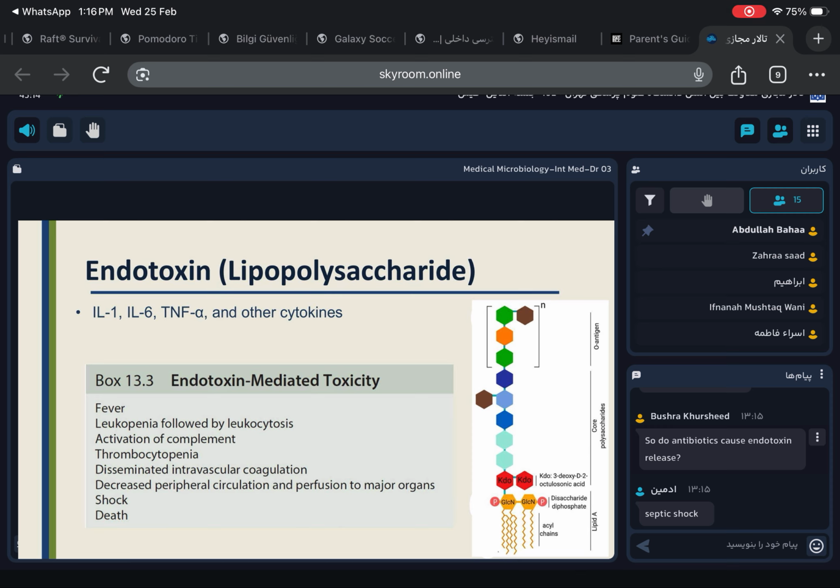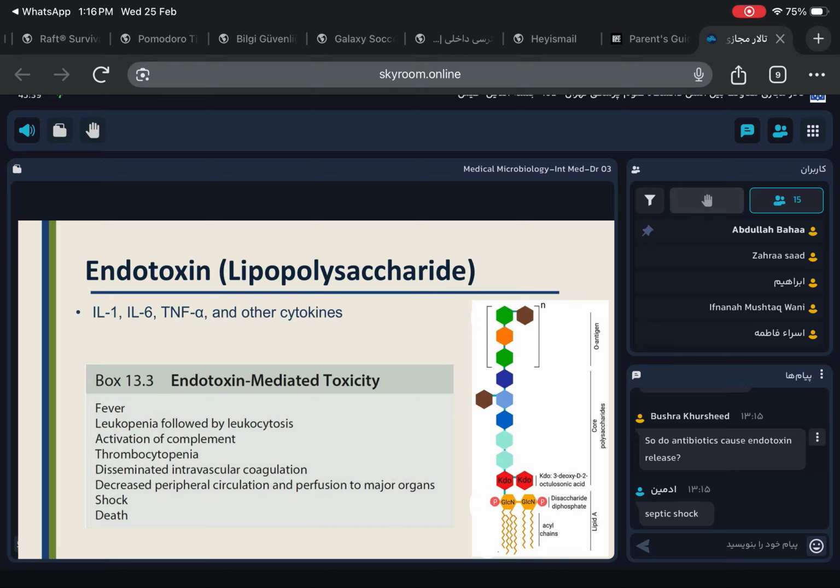So in septic shock, we have this multiple organ dysfunction, which is the result of very low blood pressure. And if you don't treat your patient as soon as possible, it's possible that you also lose your patient.